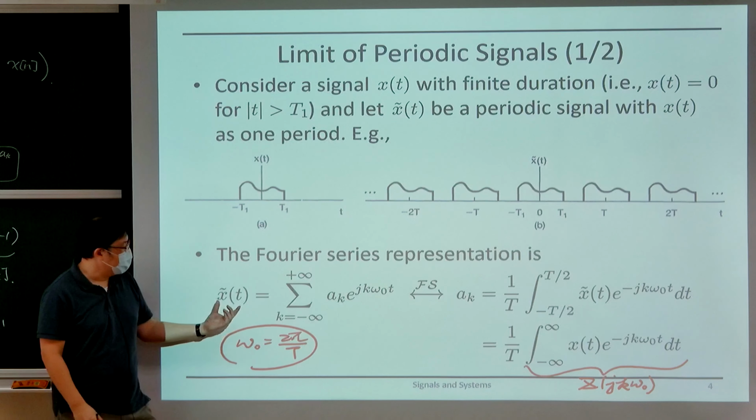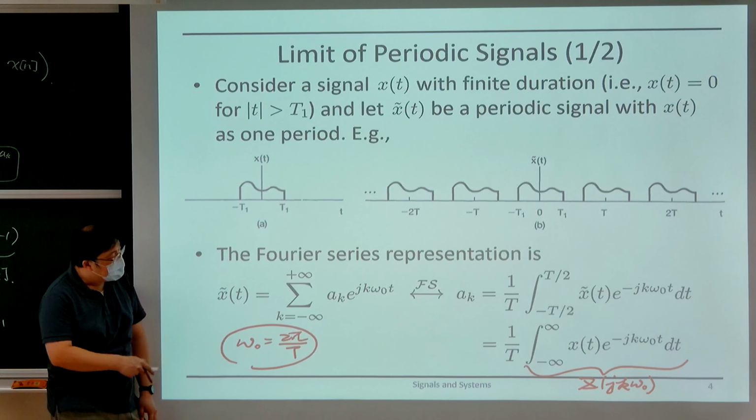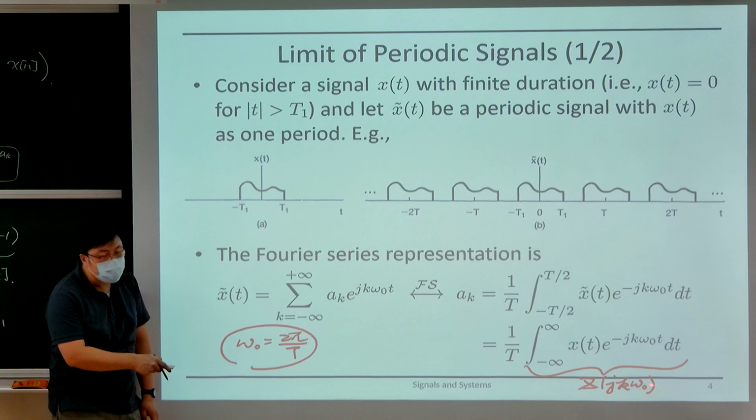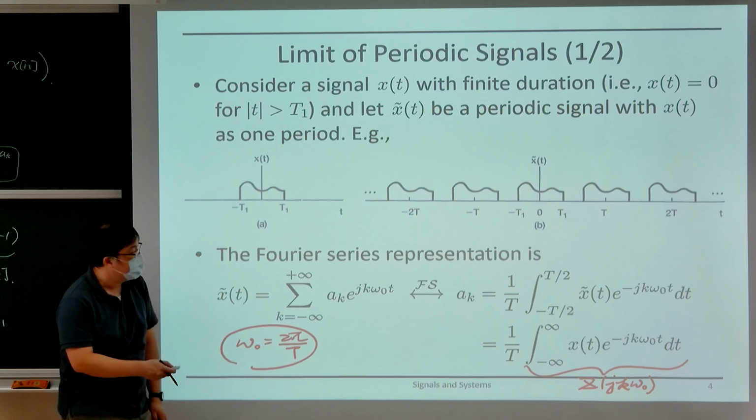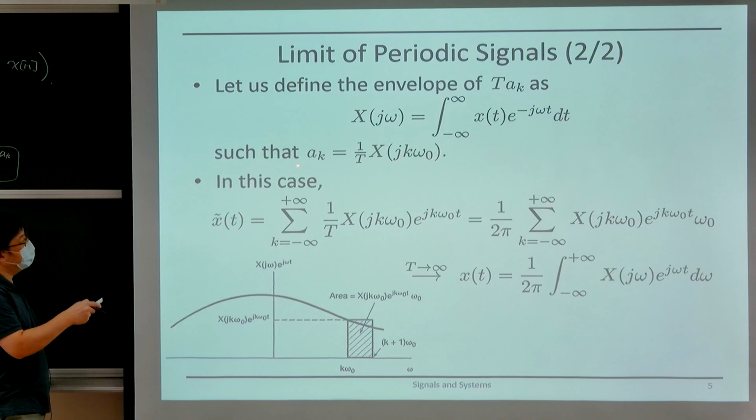So for the periodic signal x tilde, a_k is 1 over T times capital X evaluated at k omega naught. So that's what we wrote here.